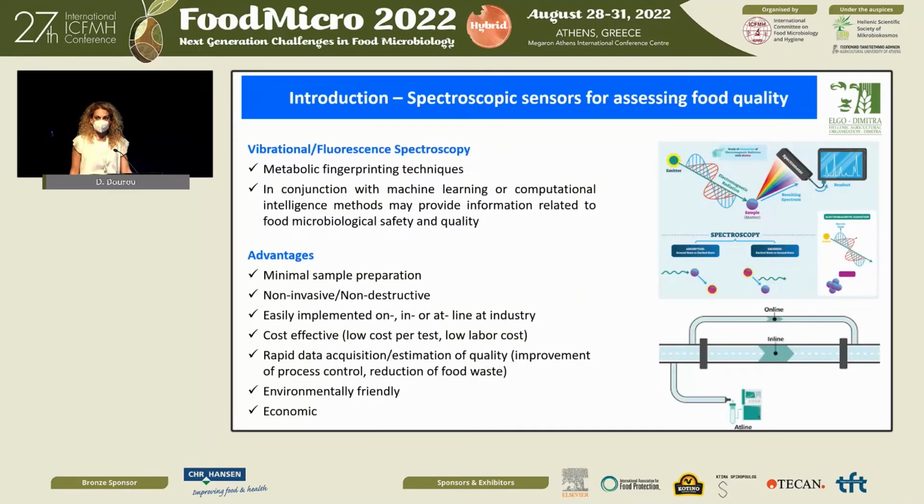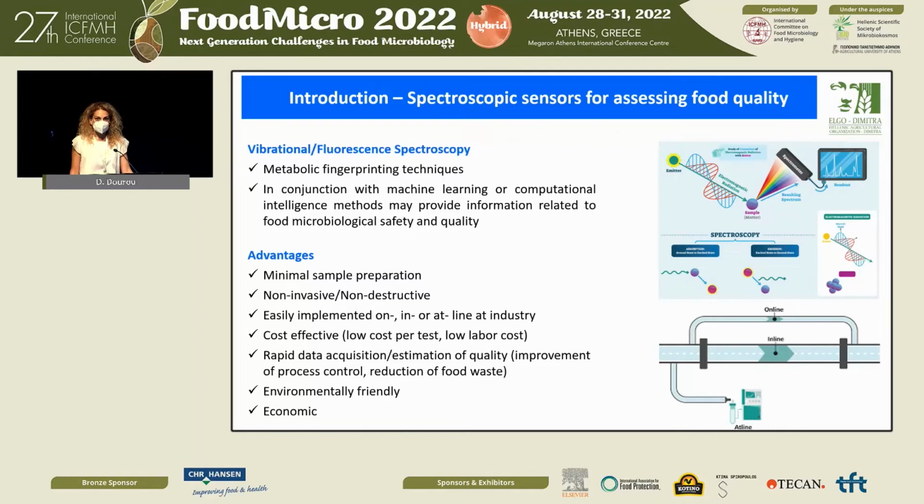Vibrational and fluorescence spectroscopy may provide useful information on the metabolic fingerprint of a product, and in conjunction with machine learning and computational analysis, it may provide information related to safety and quality.